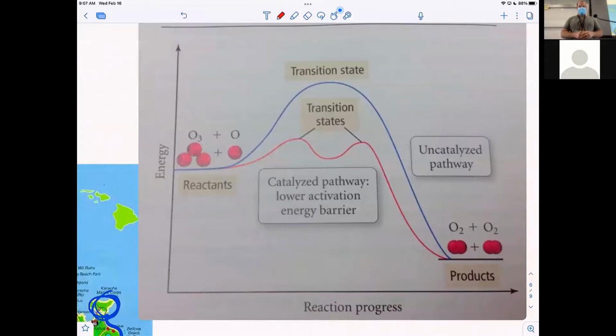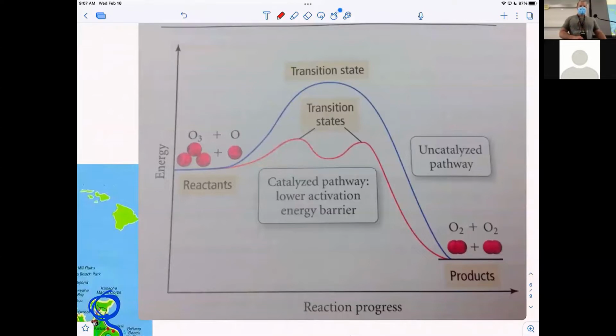About 10 miles or so is the troposphere. Actually, I'm not sure, maybe 7-ish, but it varies. And the ozone layer is in the stratosphere.